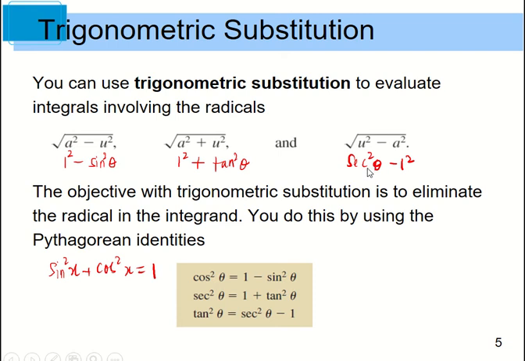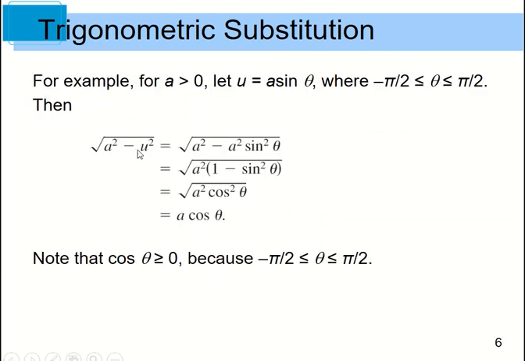Now let's see an example of how we use the substitution to eliminate the radical. If we have the square root of a square minus u square, we can let u be a sine theta. Then u square will be a square sine square theta.